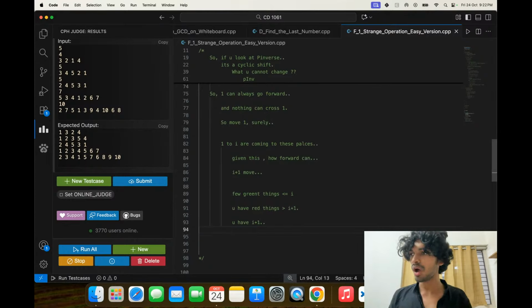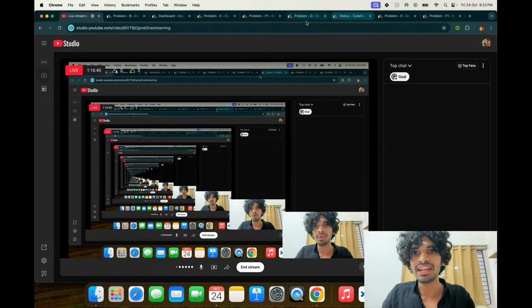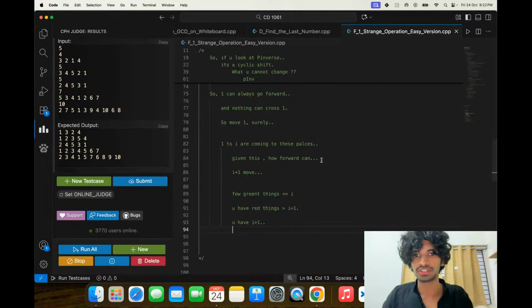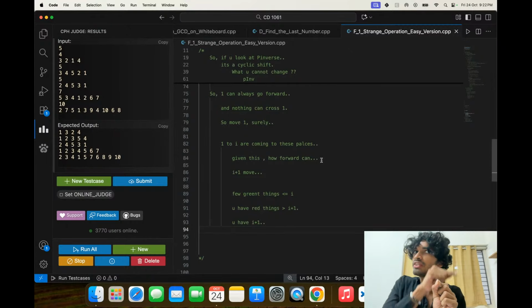Okay. Among red, how many red will be before that? 0 or 1 is the question. Okay. How many red will be before I plus 1 is the question. To answer that, how many red will cross these things finally?